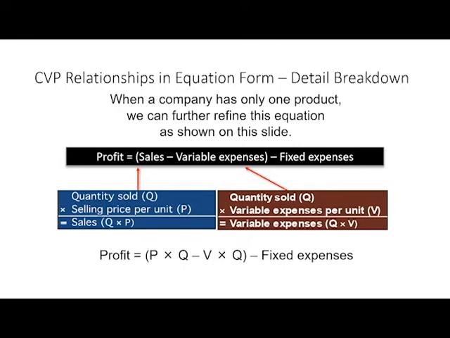When a company has only one product, we can further refine this equation as shown in this slide. So this is the quantity sold, the selling price, and the variable expense. We use the quantity to find the profit, and also to find the variable cost.